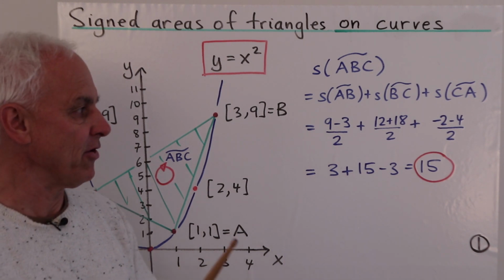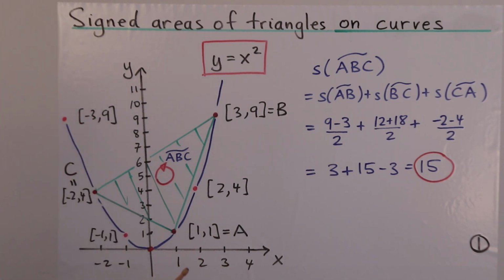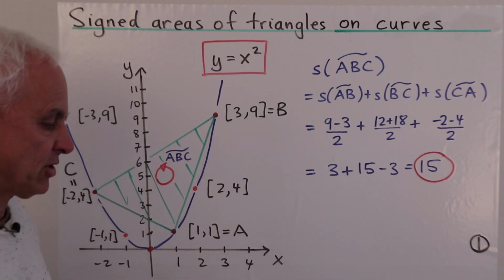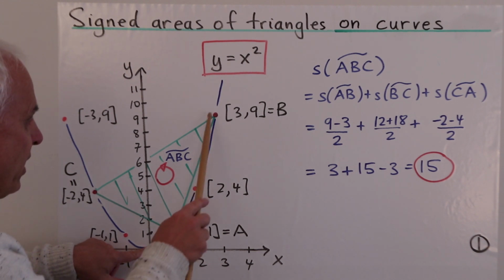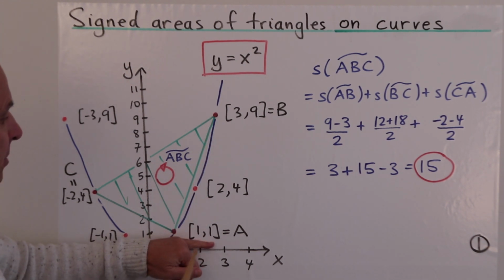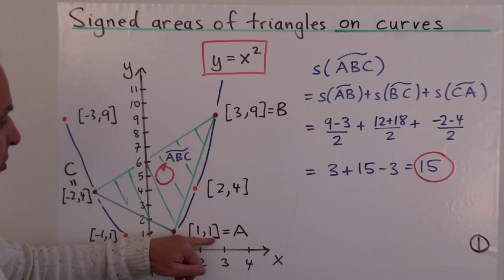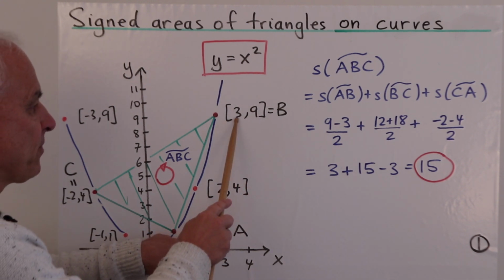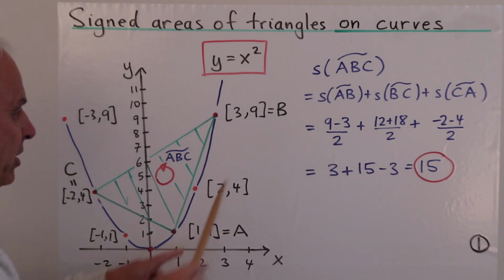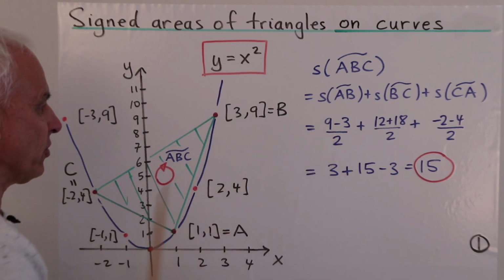And the individual signed areas of these things are obtained in a very nice way by just using our cross product formula. So here's the point 1, 1, and here's the point 3, 9. So we're taking the cross product of essentially the vectors 1, 1 and 3, 9. So we're talking about this point and this point here, and the formula is 1 times 9 minus 1 times 3 all over 2. So in other words, 9 minus 3 over 2.